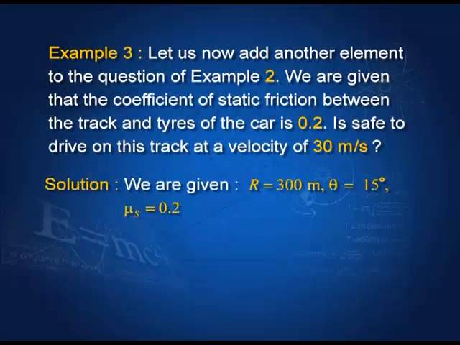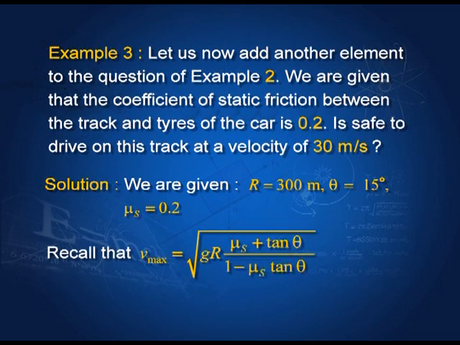We have the same track, but now we take into account the friction provided by the tires and the road. So, we are given r equal to 300 meters, that is the radius of the track, theta is 15 degrees, that is the angle at which the road is banked, the coefficient of friction is 0.2, and we recall the formula V max, which is the square root of g r times mu s plus tan theta divided by 1 minus mu s tan theta.